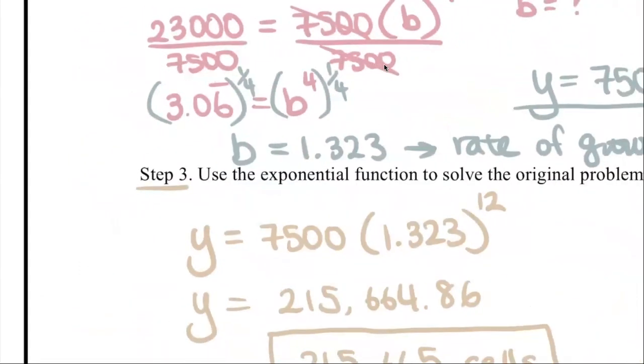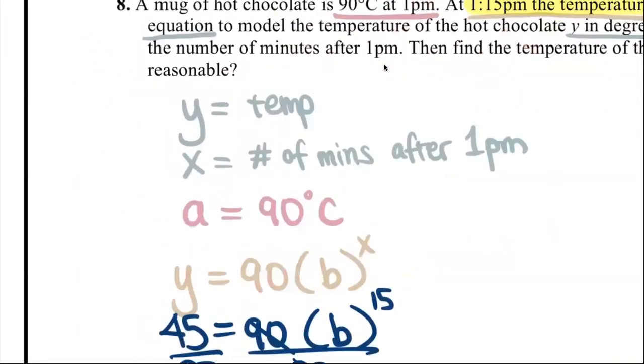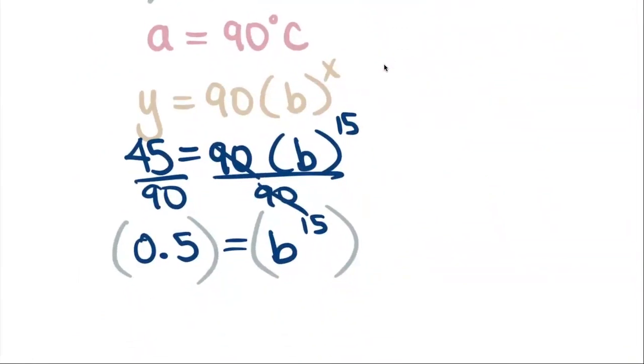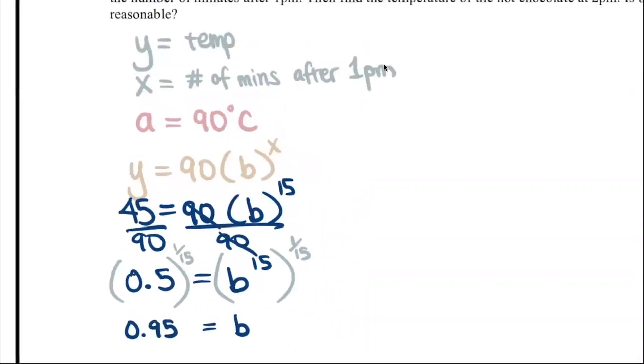Yeah. So use that, and to get rid of the 15, times 1/15. There you go. So then that leaves me with b to the first power, which is just b, and this is 0.95. All right. So far, so good.